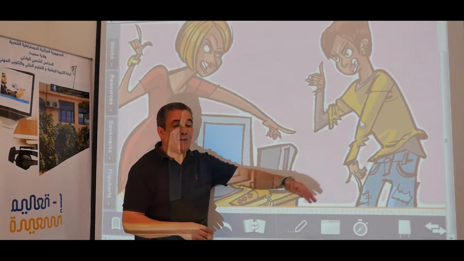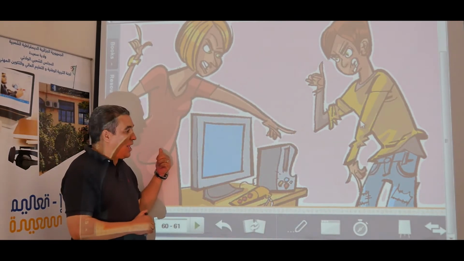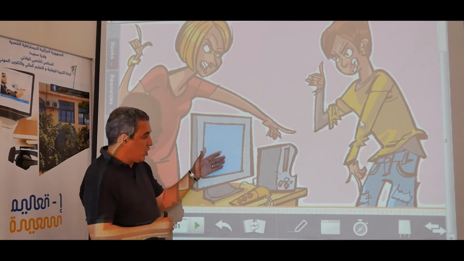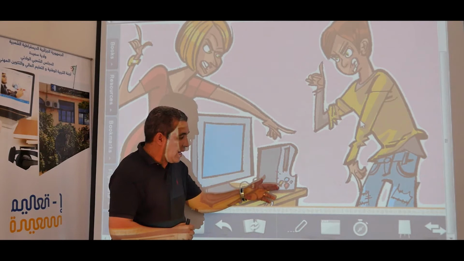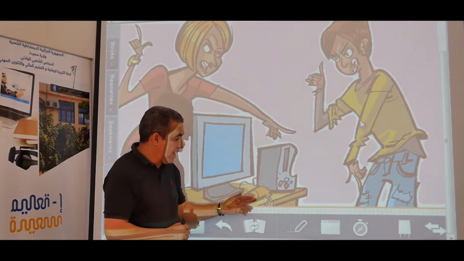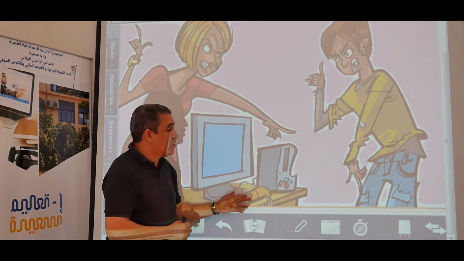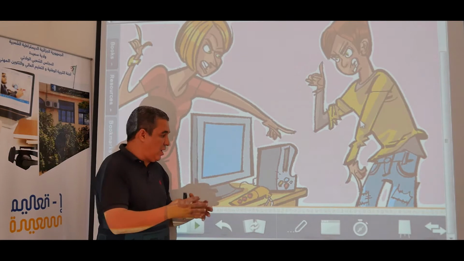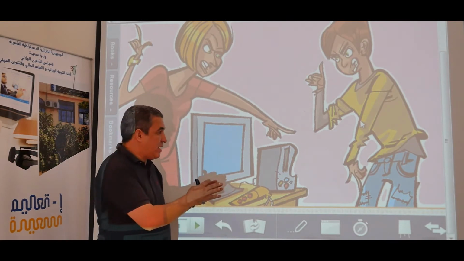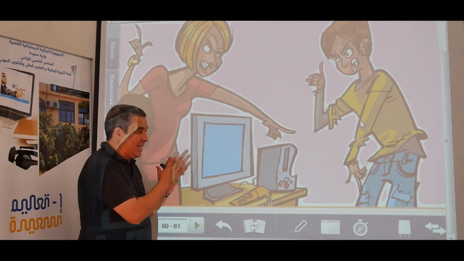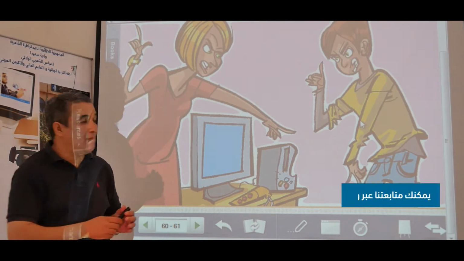This is the type of clothes that mothers usually do not like. And we can see here a computer game, a console and a computer, and a game controller. So it's like a teenager is spending too much time playing games, and the mother is angry at him, and she's blaming him. Excellent.